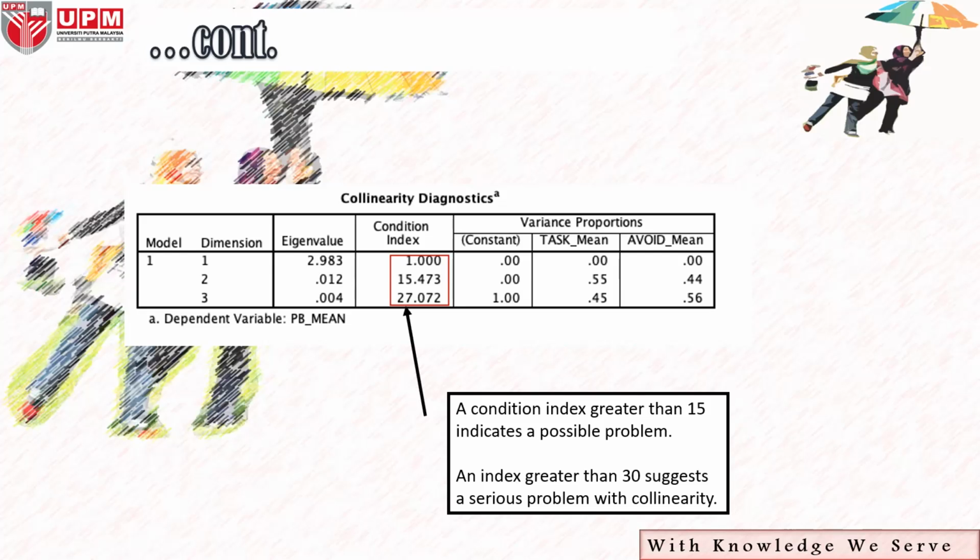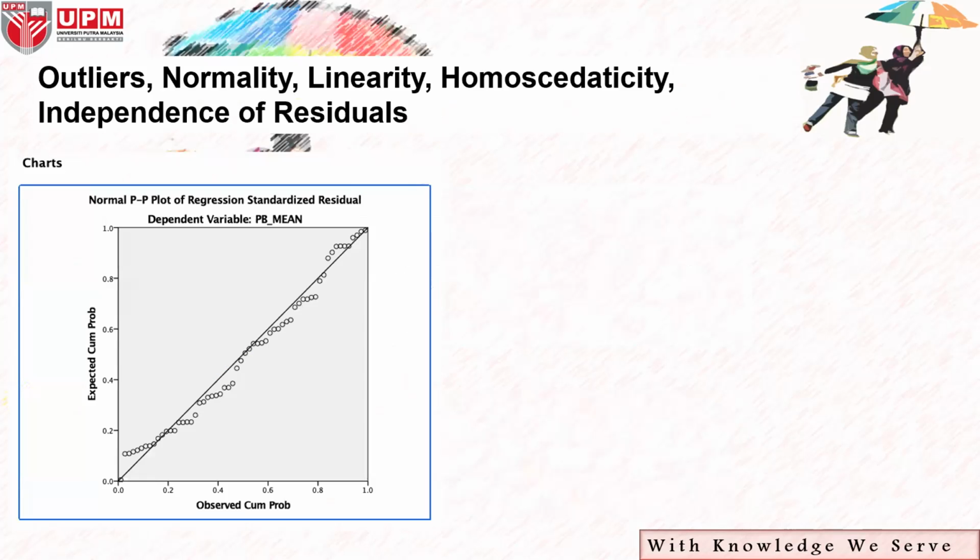An index greater than 30 suggests a serious problem with collinearity, therefore it must be adjusted or deleted. If it is 15, it is a possible problem, but we may still include it. But if it is larger than 30 and above, we need to delete the case.